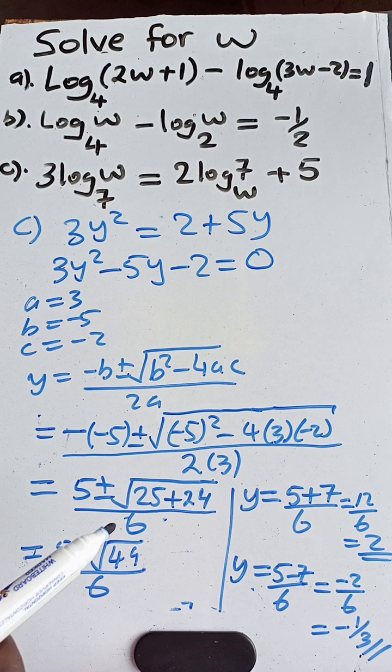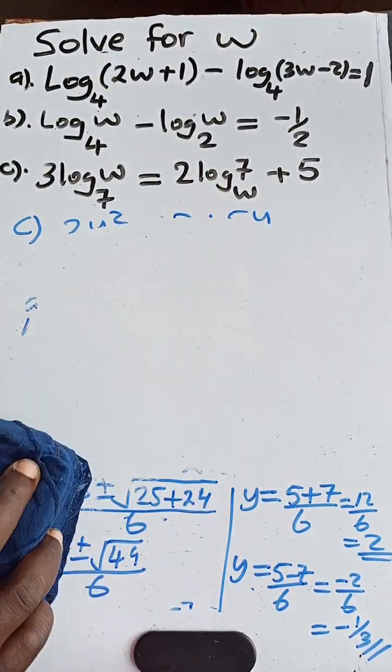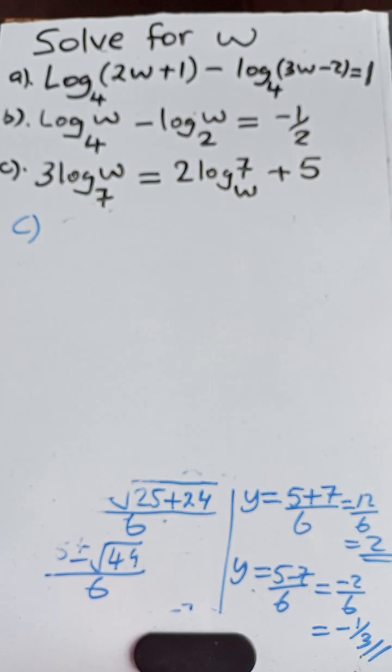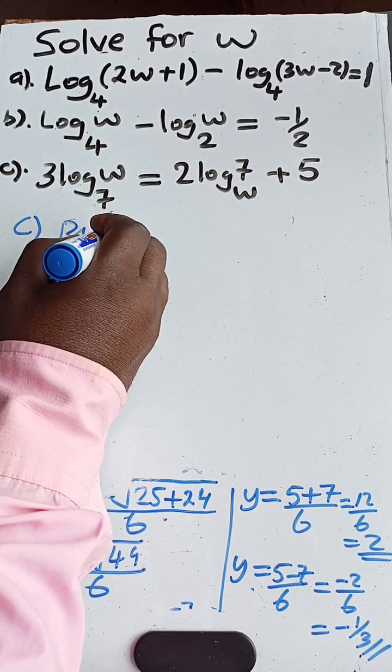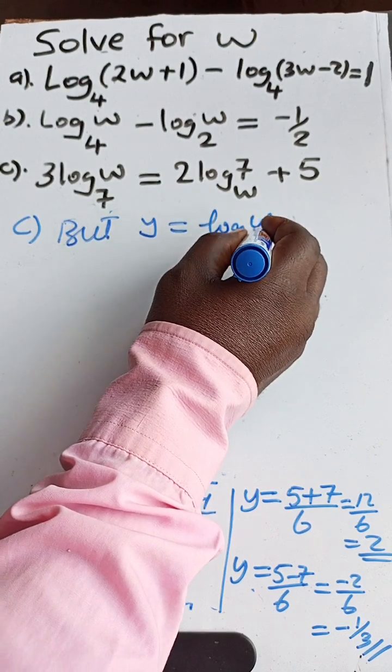So we have to go back to the relation that we made earlier on that brought in Y. What is that relation again? But Y is log W base 7.